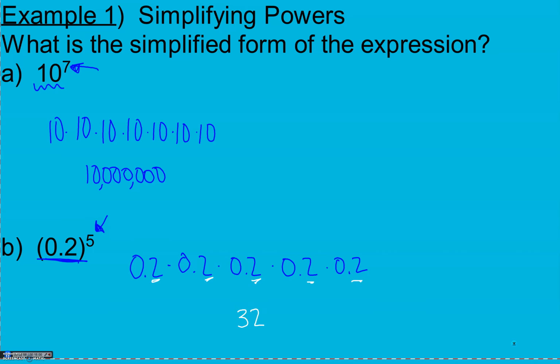And now I'm going to count up my decimals. Here I have 1, 2, 3, 4, 5. Since I have 5 numbers behind my decimal place, I need 5 numbers behind my decimal place in my final answer. So I have 1, 2, 3, 4, 5. So my answer is 0.00032.